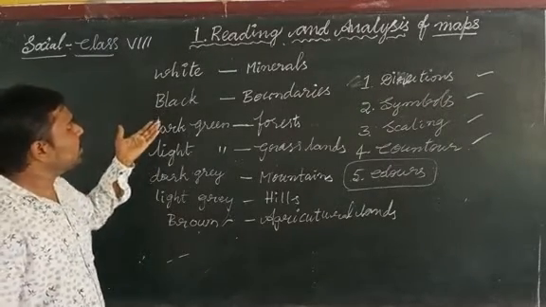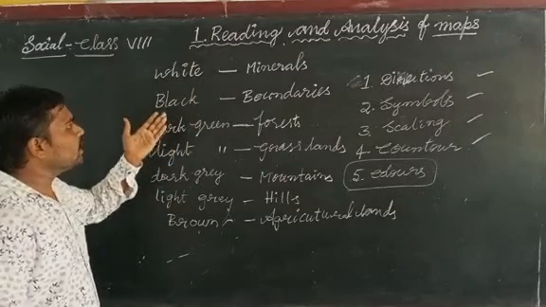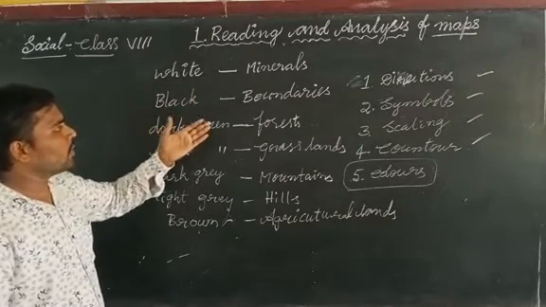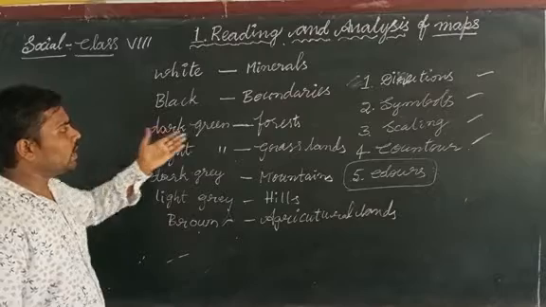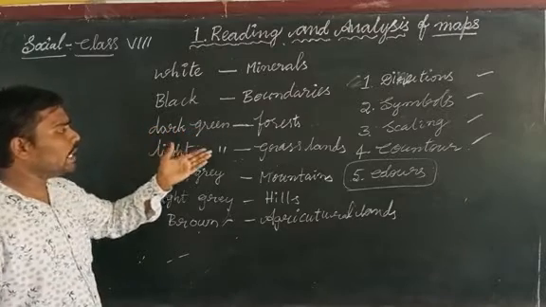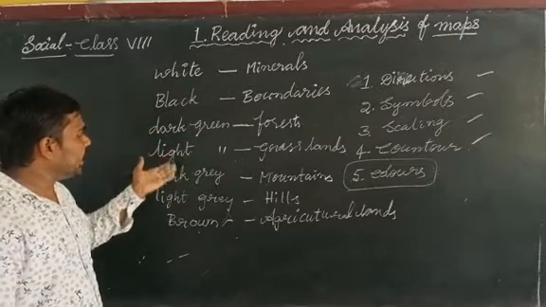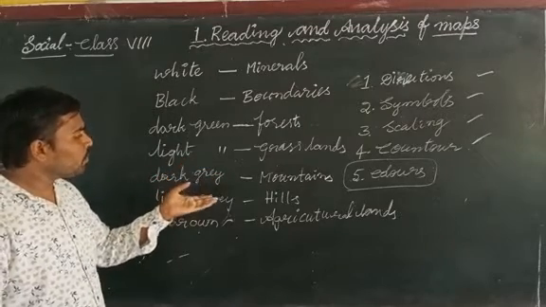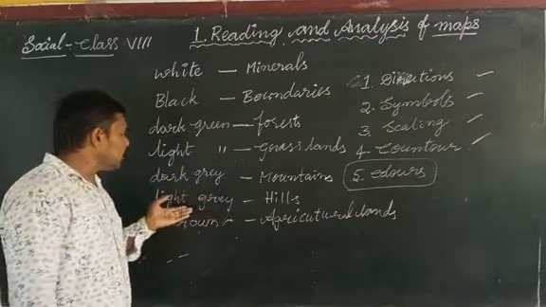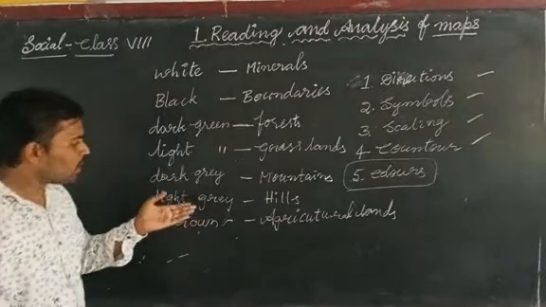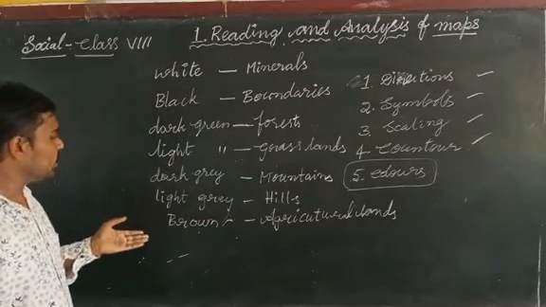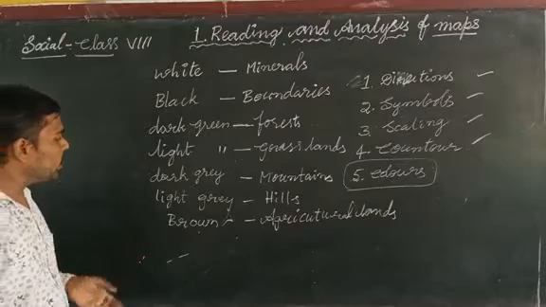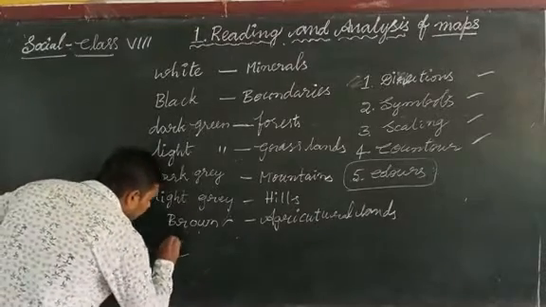Like suppose minerals are represented by white color, boundaries by black color, forests with dark green, grasslands with light green color, the mountains are represented by dark grey color, and the hills are represented by light grey color. Agricultural lands are represented with brown color.